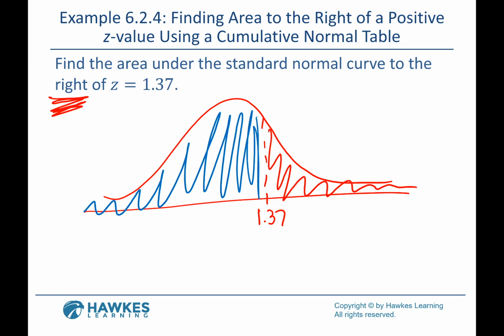We've got to think about that the whole thing's 1, right? So to find area to the right, we could say 1 minus the area to the left, and that'll give us area to the right.